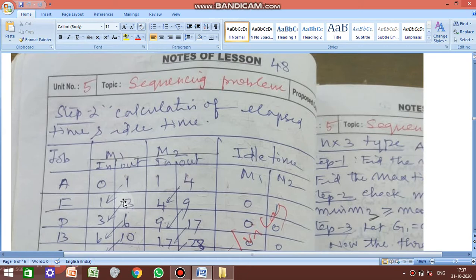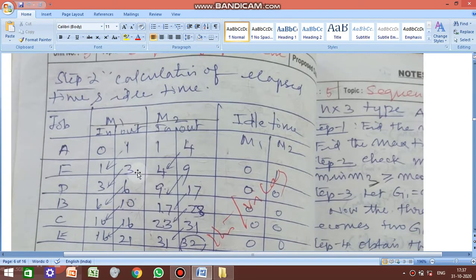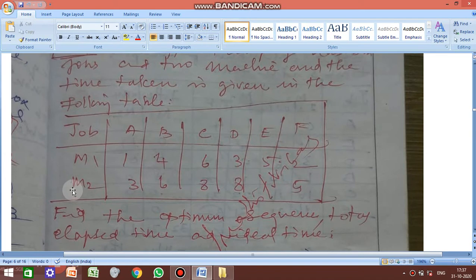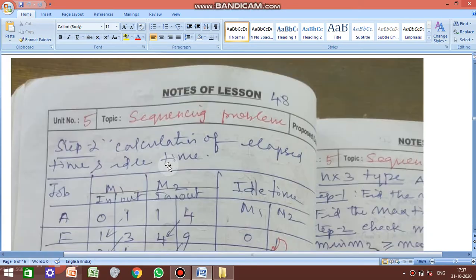Now this out time becomes the in time for the next activity D. To find the out time, we have to go back to the problem. What is the time taken by machine 1 for activity D?